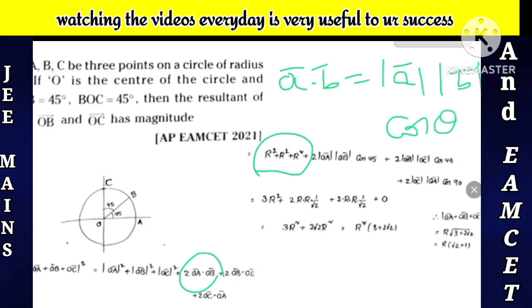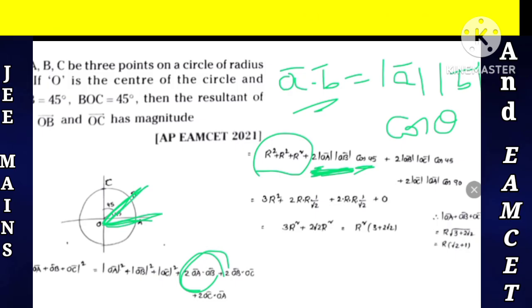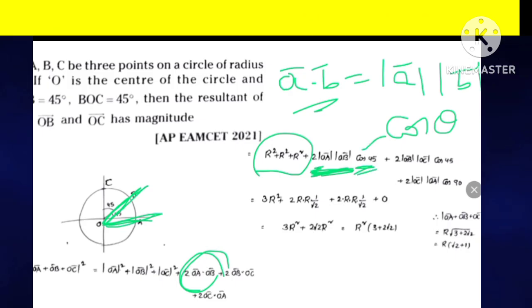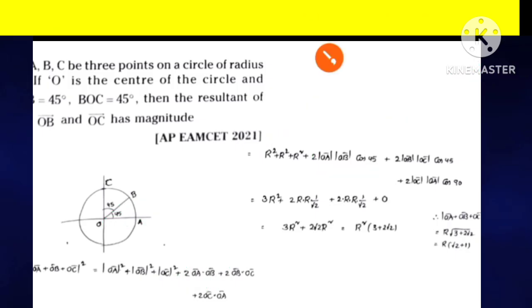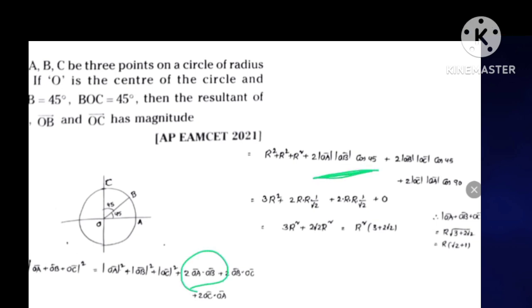Okay, this is the formula for A dot B. So what is the formula for OA bar dot OB bar? 2 into mod OA bar mod OB bar cos, what is the angle? Given angle between the vectors OA and OB bar is 45, that is cos 45. So the formula for OA bar dot OB bar is mod OA bar mod OB bar cos 45. And what is the formula for OB dot OC?